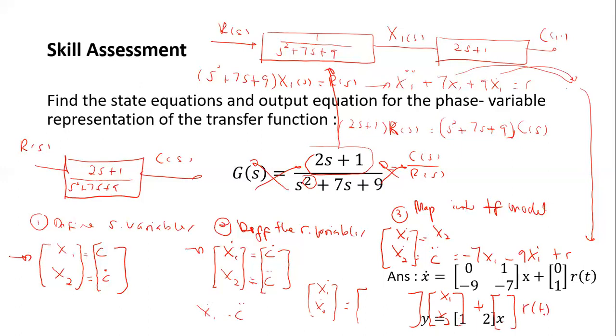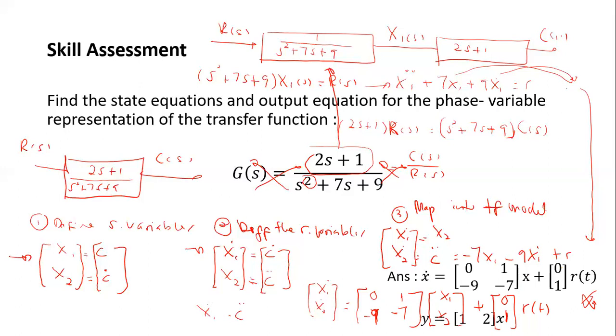So X1 dot is equal to X2, and X2 dot is equal to minus 9 X1 minus 7 X2 plus 1 R. Okay, so this is how you get to this answer.